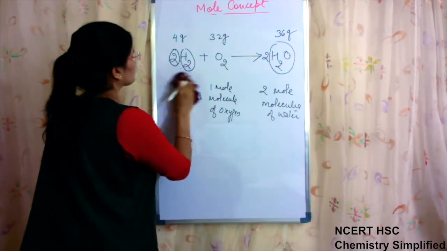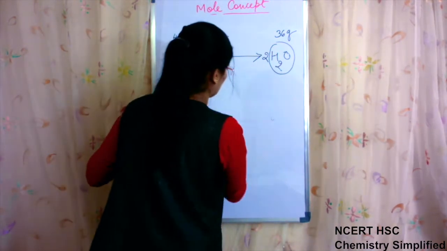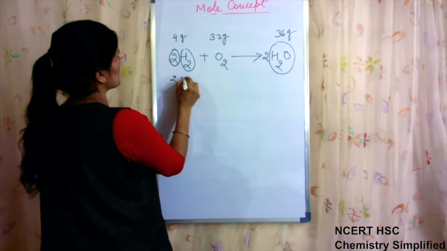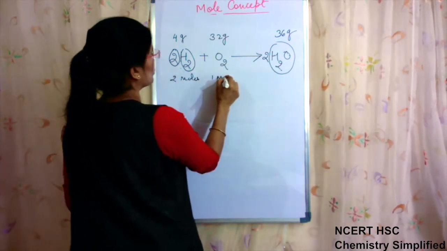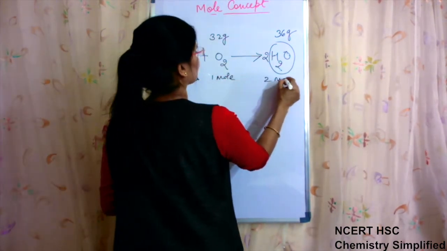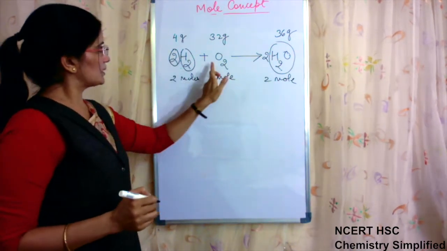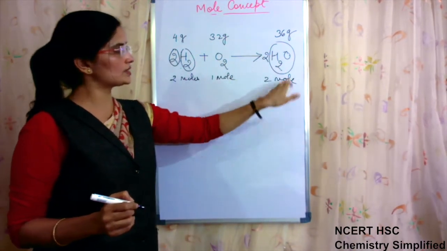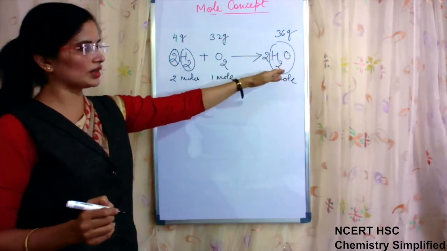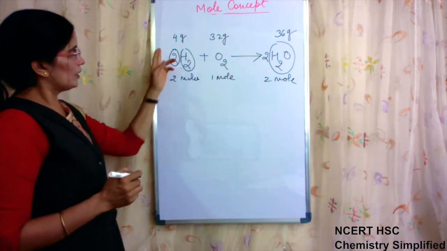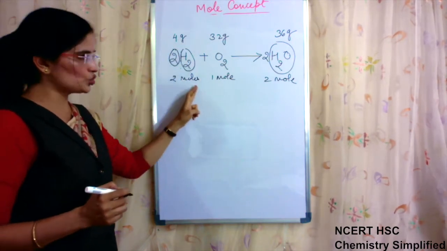Now, 2 moles, 1 mole, 2 moles. These are 2 moles. This is 1 mole. These are 2 moles. This is a molecule of the water compound. This is a simple molecule, and this is a simple molecule. 4 grams and 2 moles.